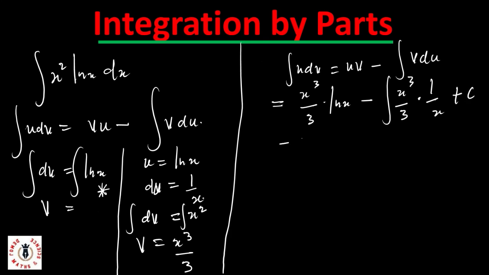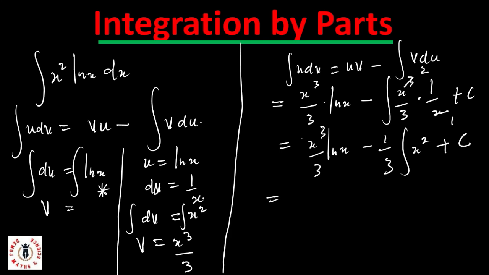Now I can rearrange this to become x raised to power 3 over 3 ln x minus, this is 1 over x here, then x here is x squared. That's 1 over 3 integral of x raised to power 2, plus c.